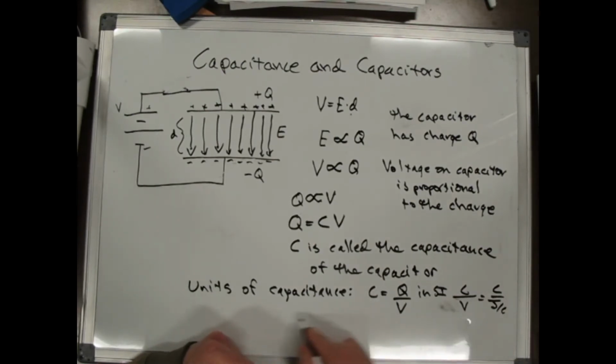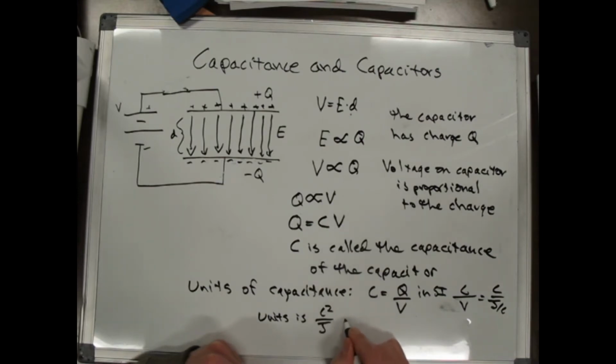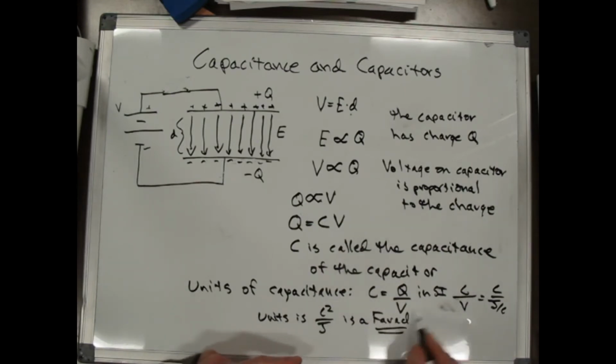And so the capacitance is coulombs squared over joules, and this is called a farad. So the SI unit for capacitance is a farad, and that's a coulomb squared per joule.